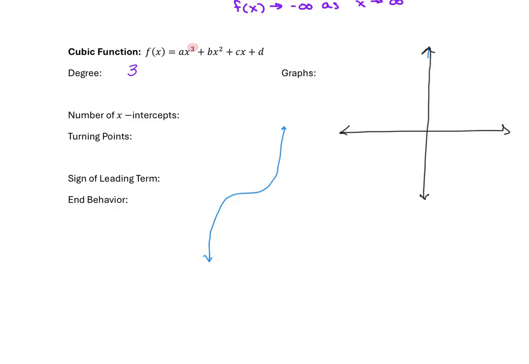All right, so now we're going to take this shape and we're going to put it on our graph. So I can put it here. And how many x-intercepts do we have? We have 1.